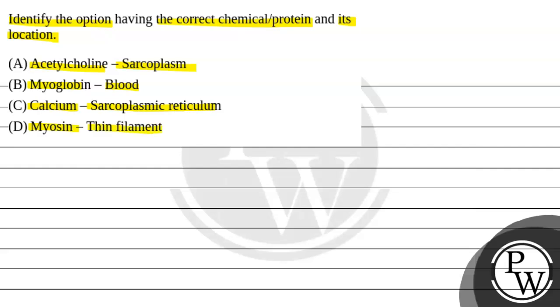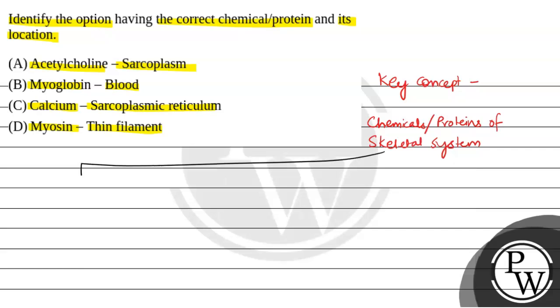So the key concept for this question is chemicals or proteins of the skeletal system. First, the skeletal system is made up of two filaments.